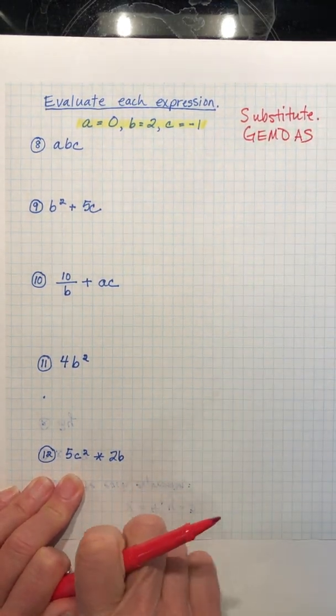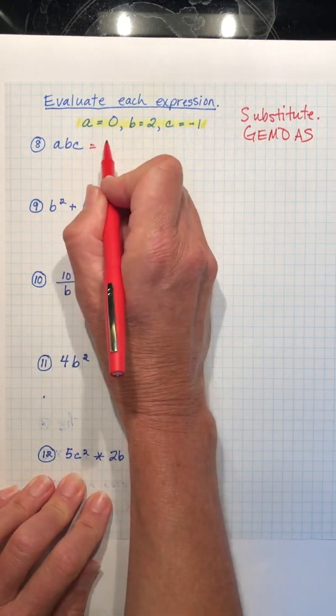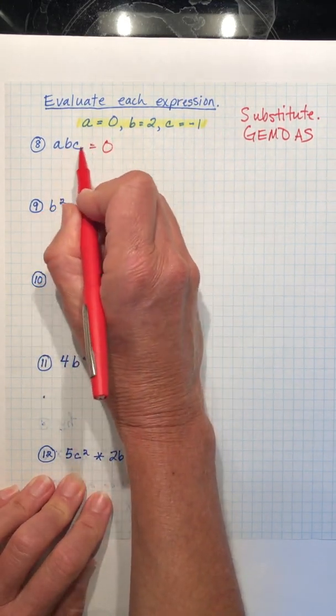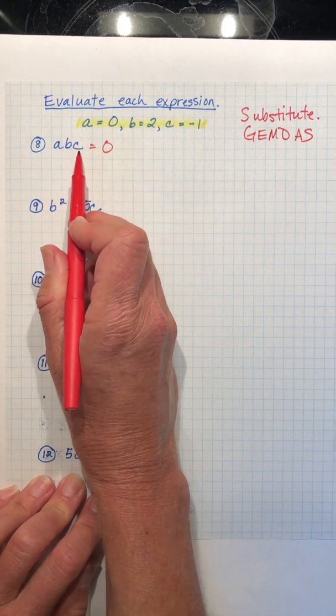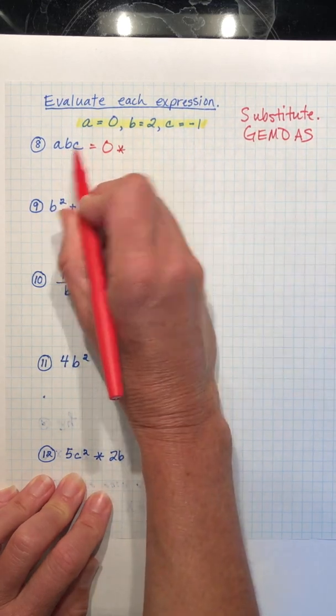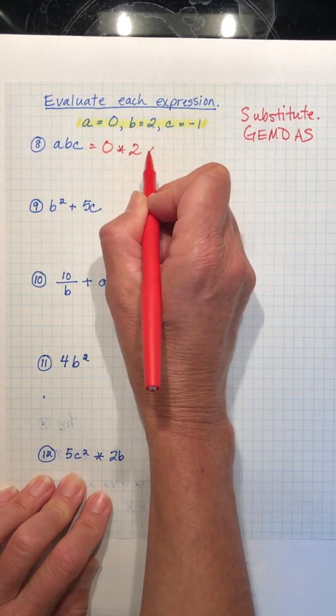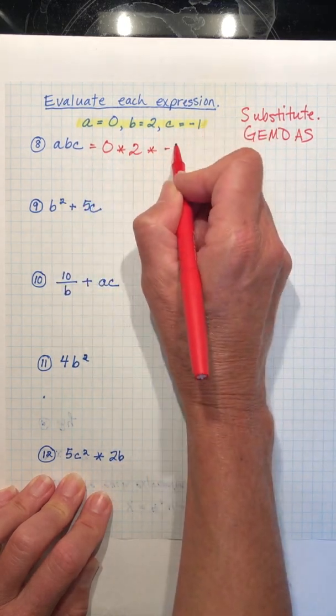All right. So a is 0. ABC, remember, means a times b times c. So it's 0 times b is 2 times c is -1.